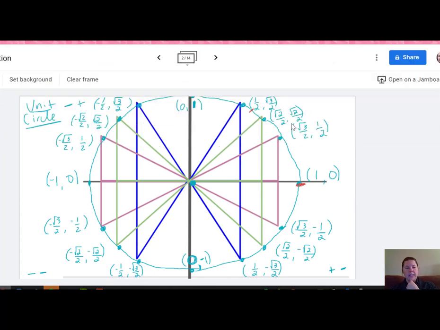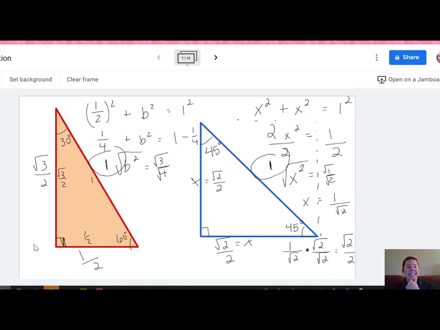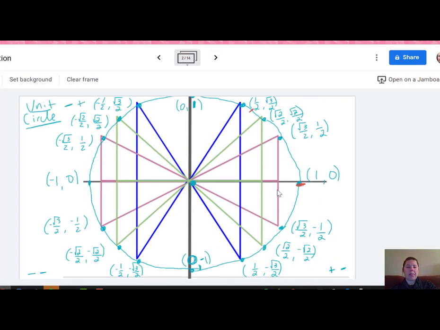And so these coordinates come from the very beginning when we were talking about the side lengths of our triangles. The side lengths of our triangles end up being the locations in space to get us all the way around my unit circle. And why it's a circle is because we already decided that these hypotenuse lengths were the same.